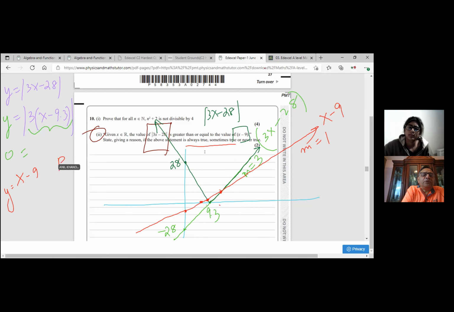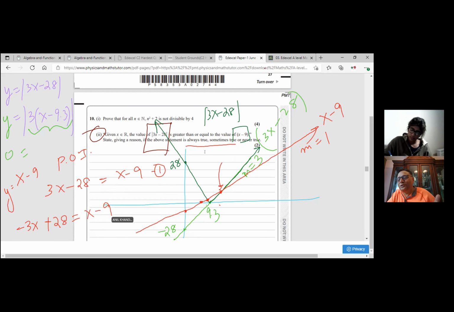So let's find the points of intersection and show it. Which are these 2 points? Graphically, I have already done that. So we could have 3x minus 28 equals x minus 9. That is one equation to be solved, correct? On the other side, we are solving the equation minus 3x plus 28 equals x minus 9.